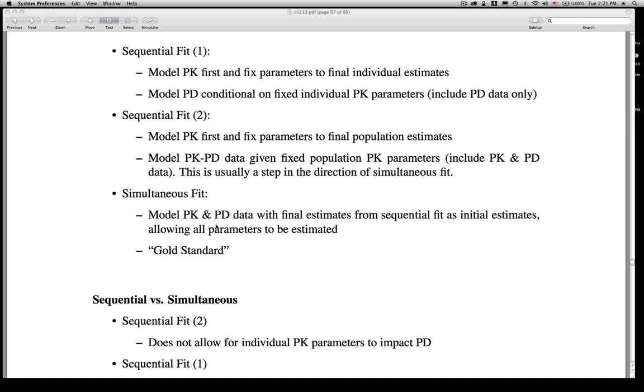However, the simultaneous fit does give you other advantages in that you now have estimation of inter-individual random effects across PK and PD parameters at the same time.